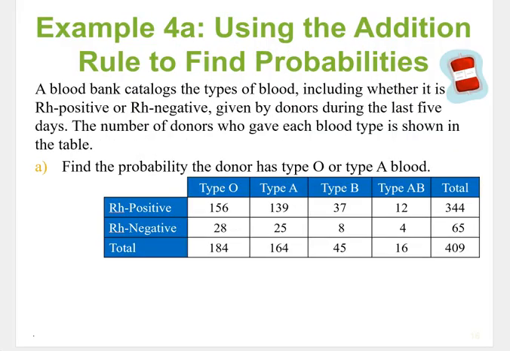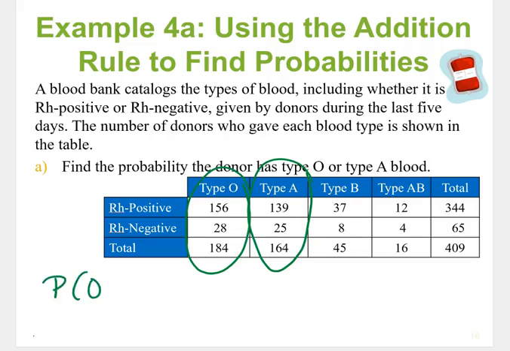All right, here is a chart that talks about blood types and your Rh positive or negative status. They want you to find the probability that a donor has type O or A. You cannot be both. You are one or the other. So these two are mutually exclusive.